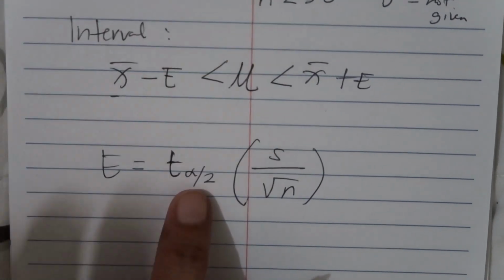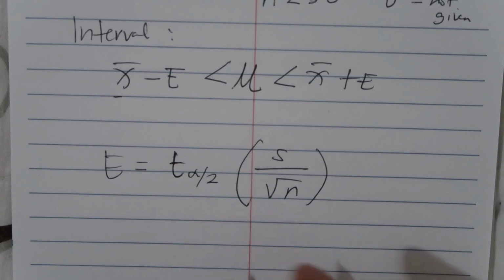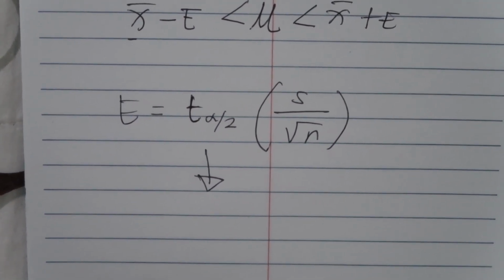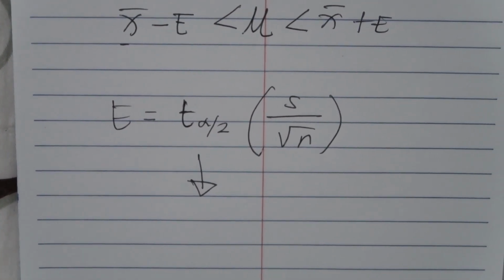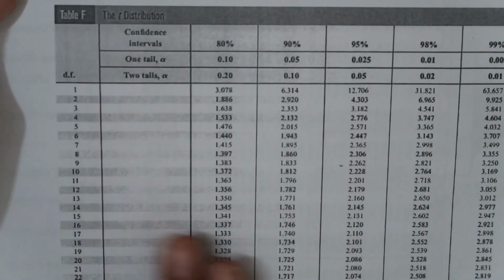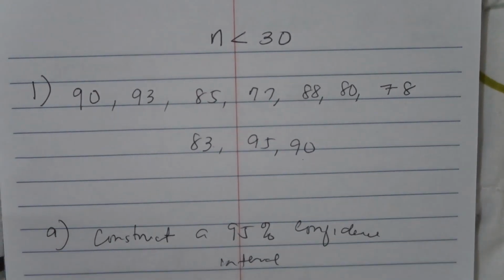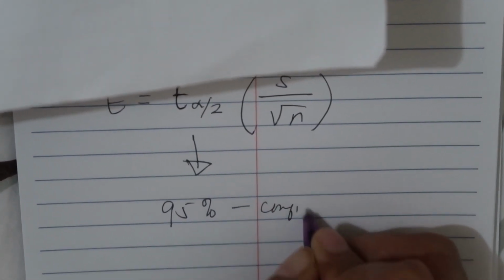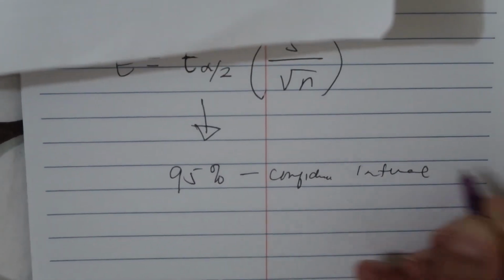But how do we determine the t alpha over 2? Of course, we need a t distribution table, which I will provide. According to the problem, we need to construct a 95% confidence interval.